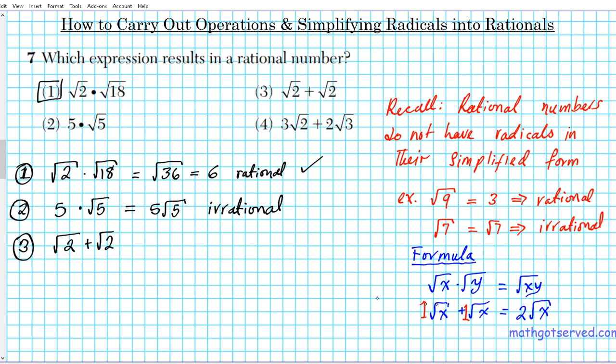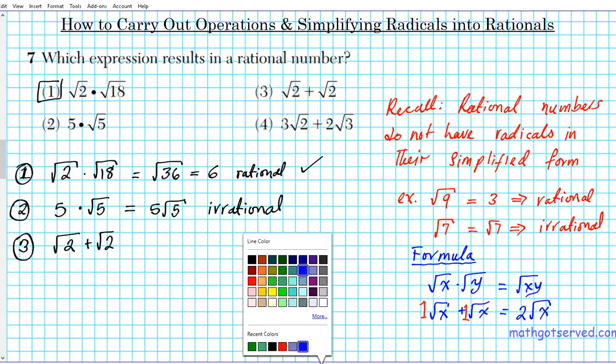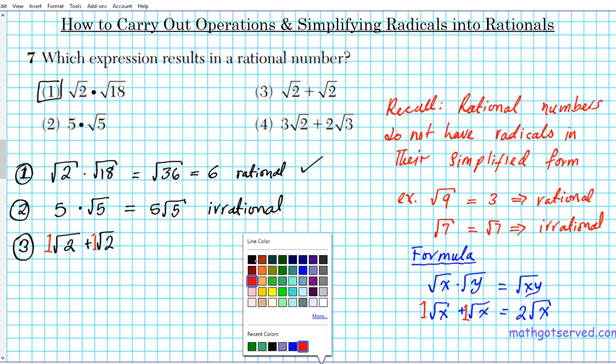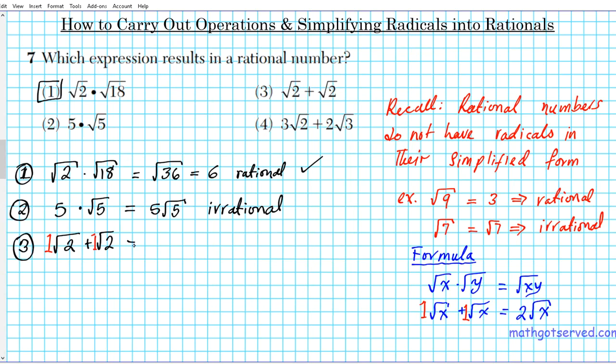Alrighty. So root 2 plus root 2, following this pattern here, we know that the invisible coefficients are 1. So let's reveal their identities. When you combine these two, first of all, are they combinable? The answer is yes. Why? Because the radicands are identical. But that's not what you're going to add. Okay?